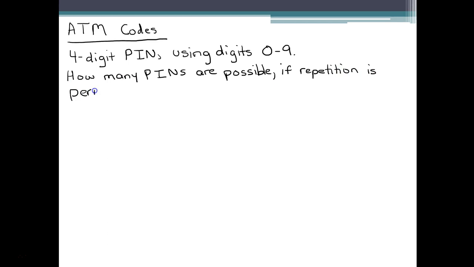Okay, we're not going to go through and list all the PINs. We're just going to see, well, if you did a tree and found the sample space, how many sample points would there be? How many PINs could you list that fit these requirements?